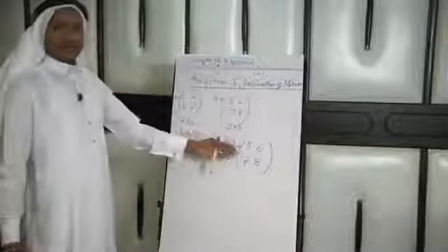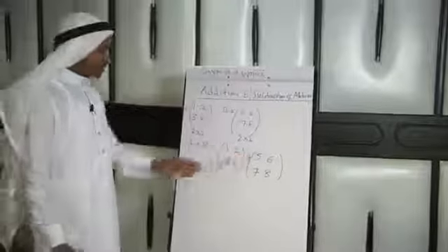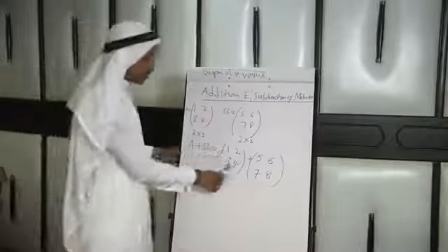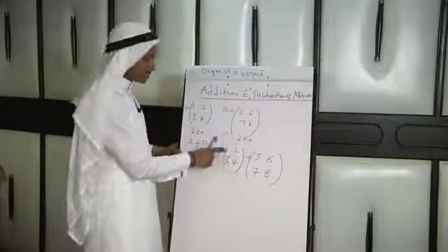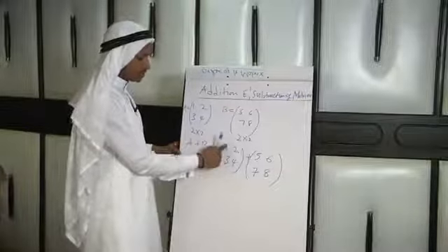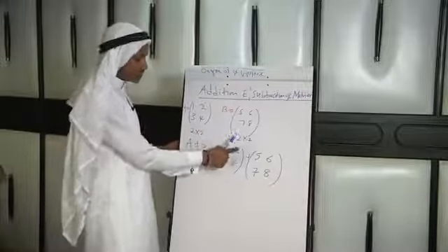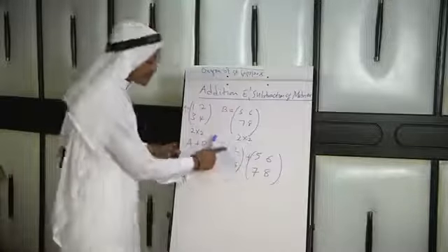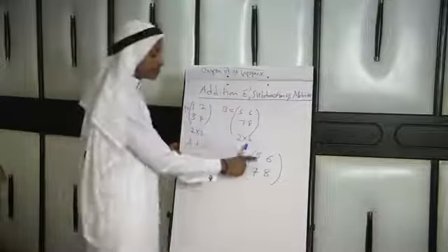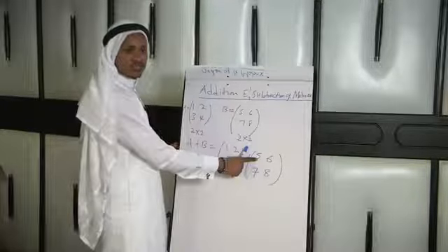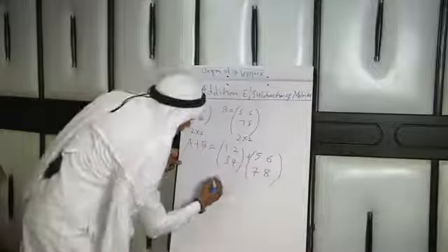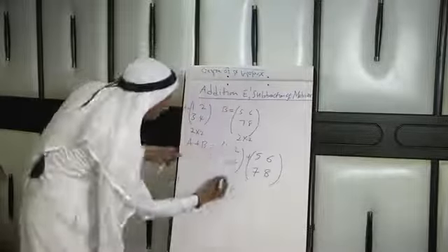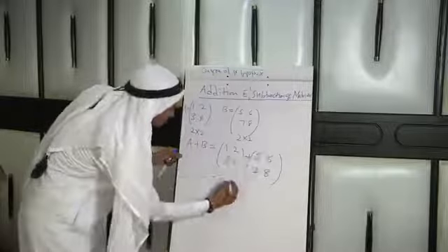When you are adding matrices, these numbers in a matrix are called elements. This is element 1, element 2, element 3, element 4. The first element, you add to the first element of the other matrix. So the first element here is 1, add it to the first element here, which is 5.